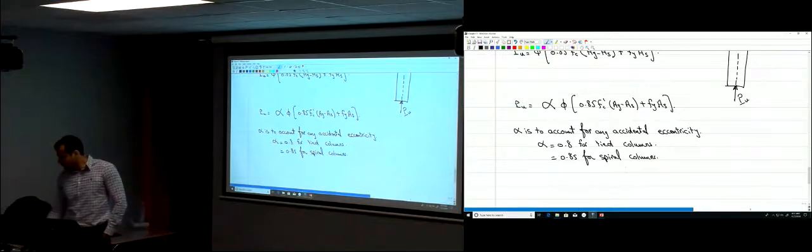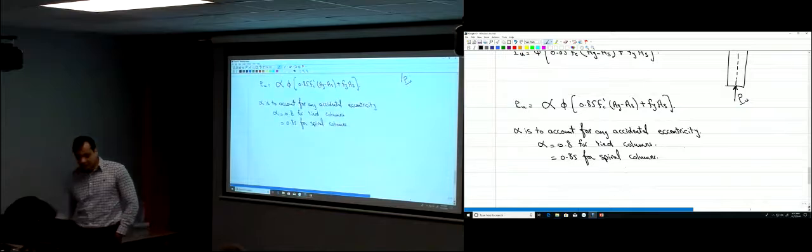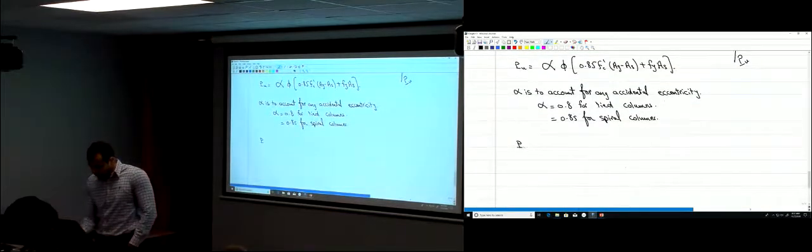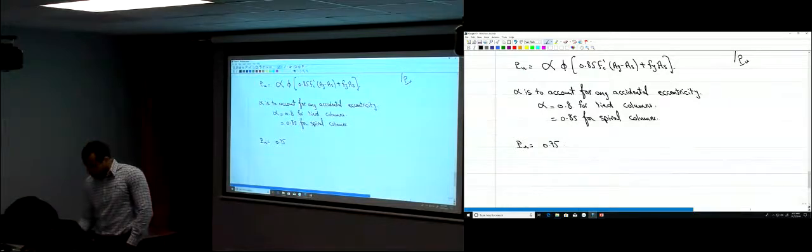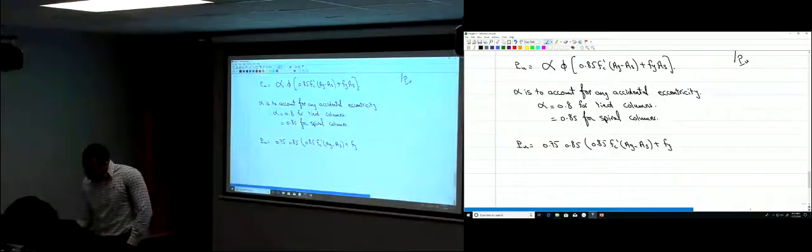So actually you have those two design equations in the ACI code providing alpha and phi. So here you have phi and alpha, multiplied by 0.85 f'c times (area gross minus area steel) plus f_y times area steel. That's the design equation for spiral columns.